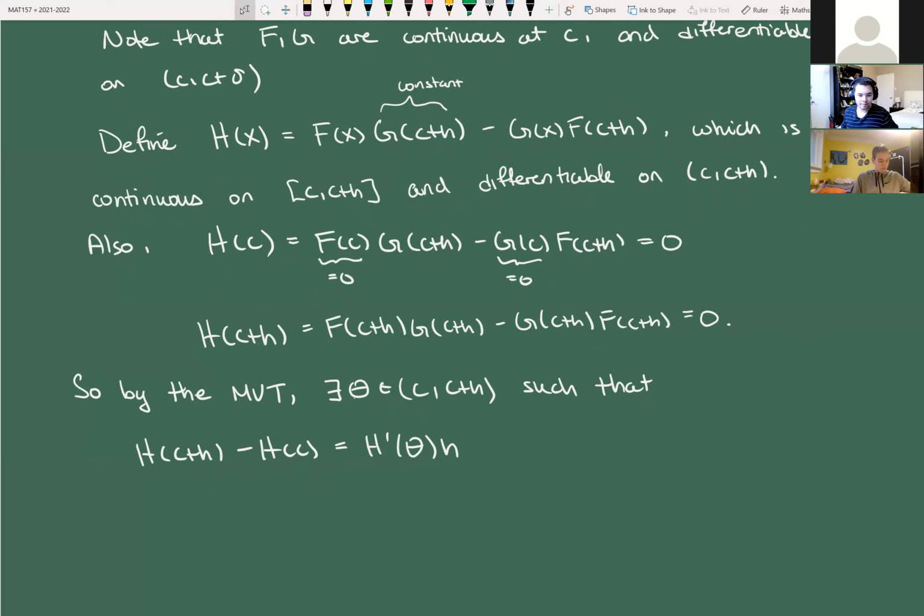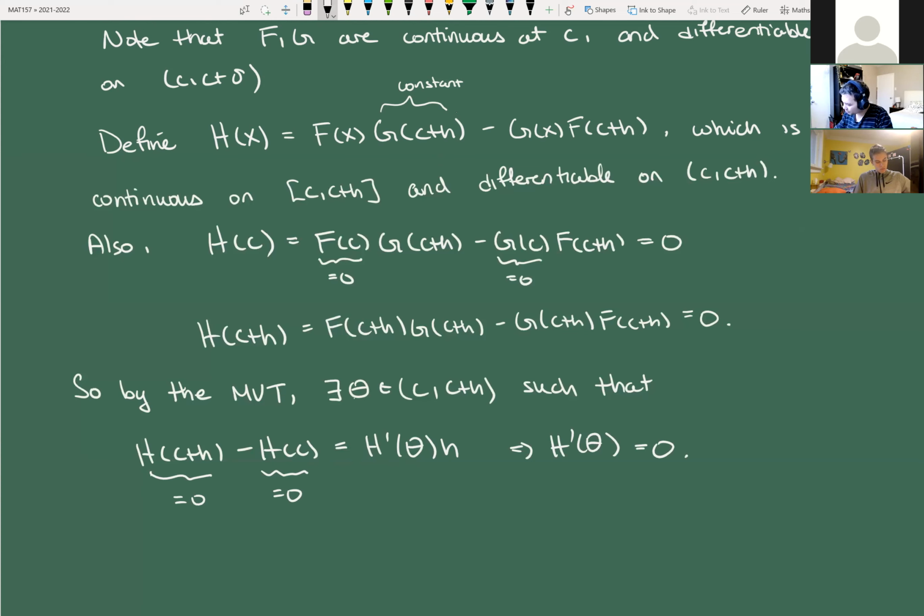In particular, if we were to directly apply Rolle's theorem, we know that this thing is equal to 0, this thing is equal to 0. So that implies H prime of theta is equal to 0, right?